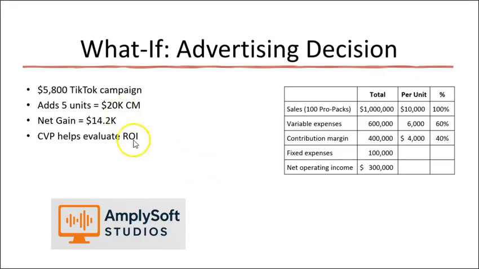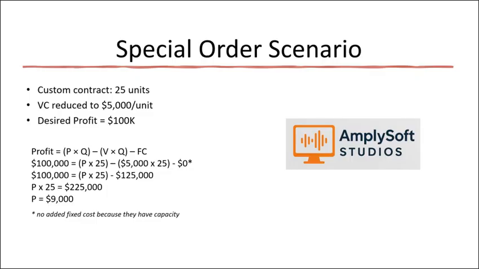The ad would cost $5,800, which would yield a net gain of $14,200. Should they do this? Well, of course. The CVP can really help us analyze things on a what-if basis to see if this is something we should do or not as a company.